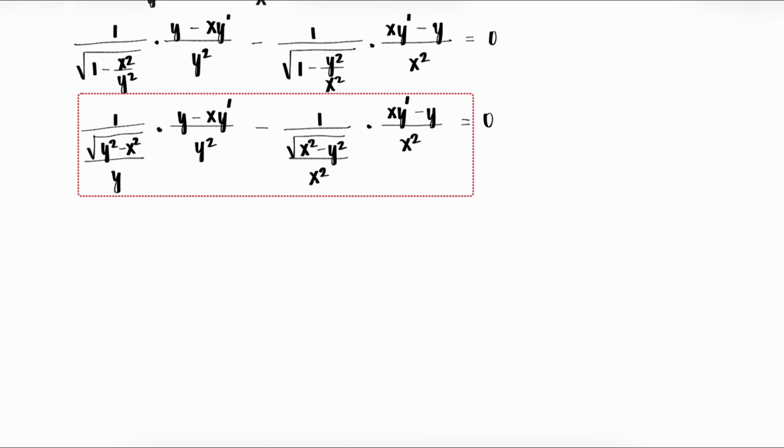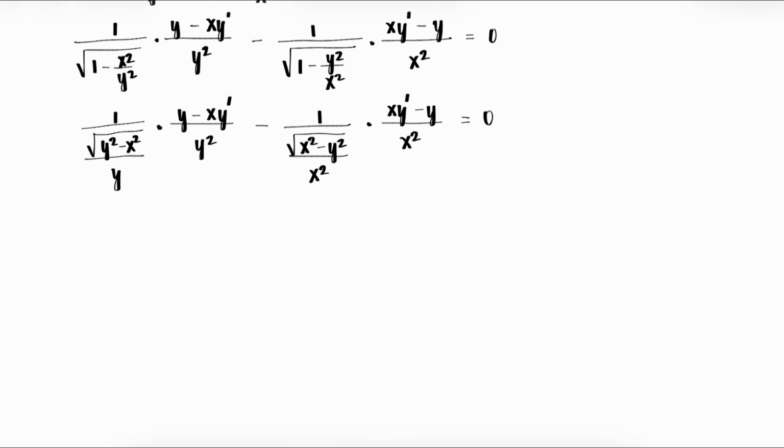Simplifying the fractions, this is now y minus xy prime divided by y square root of y squared minus x squared, minus xy prime minus y divided by, sorry, this should be an x only here because you have extracted the square root already.